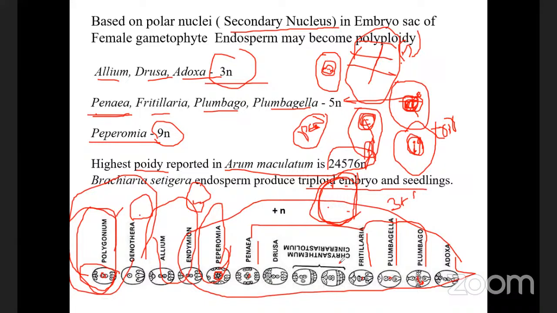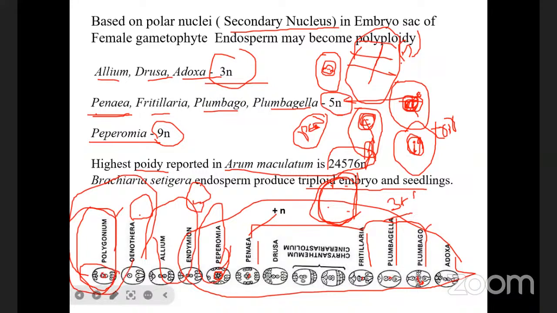And you see in Penaea, Fritillaria, Plumbagella, Plumbago, there is a 5N stage of ploidy.